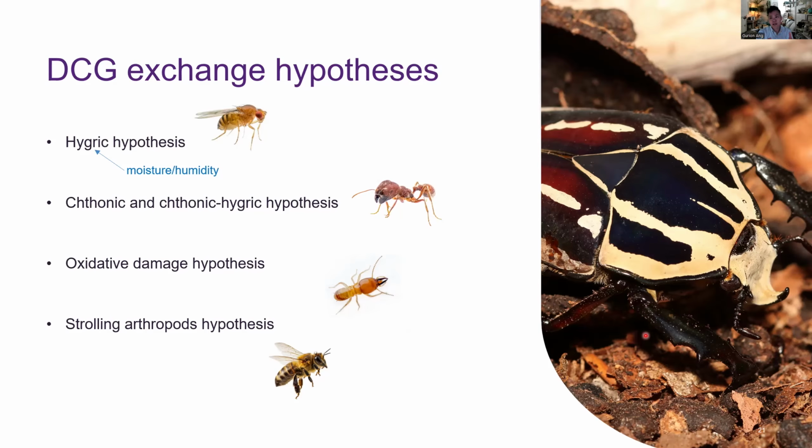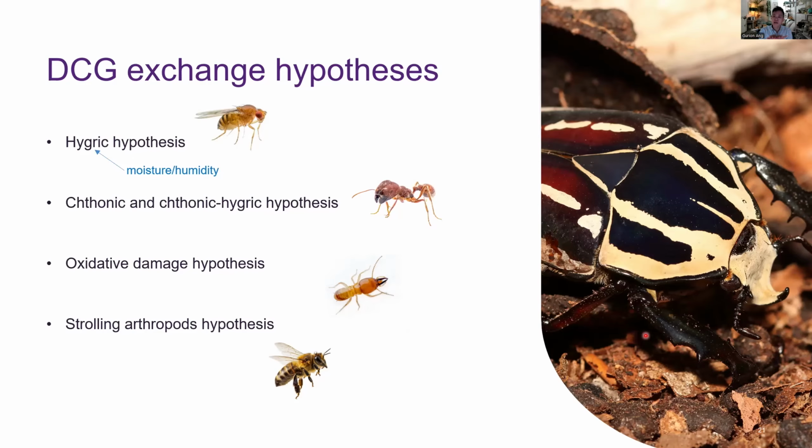And the tests that were done to show this were in tiny little Drosophila, so fruit flies, and Drosophila is so tiny and their metabolic demand is so high because they're constantly flying around, mating, looking for food, laying eggs. So their metabolic demand is consistently quite high. So continuous gas exchange makes a lot of sense for an animal with that kind of metabolic demand.